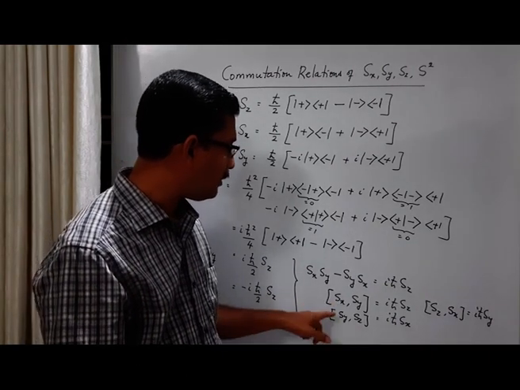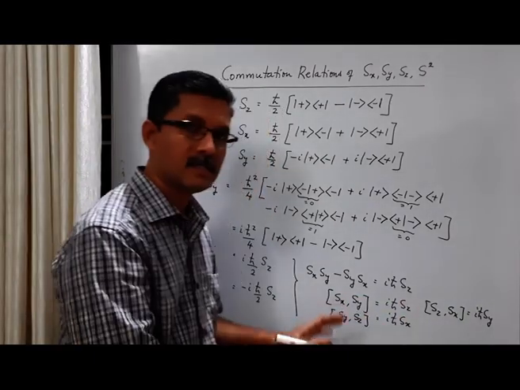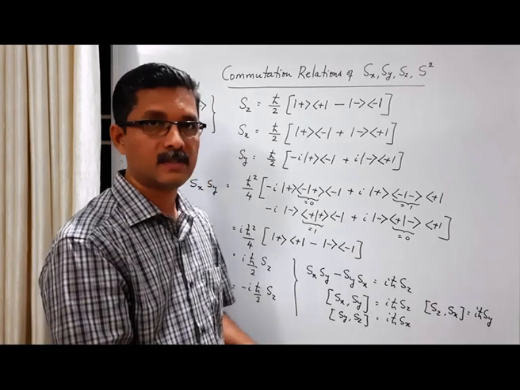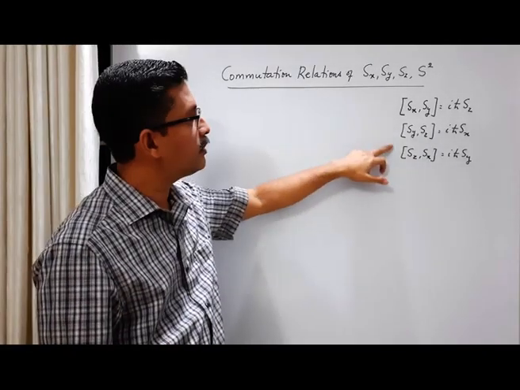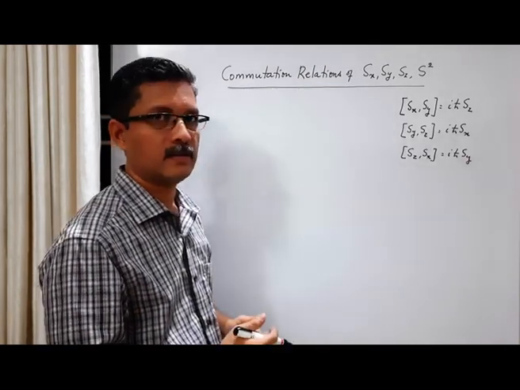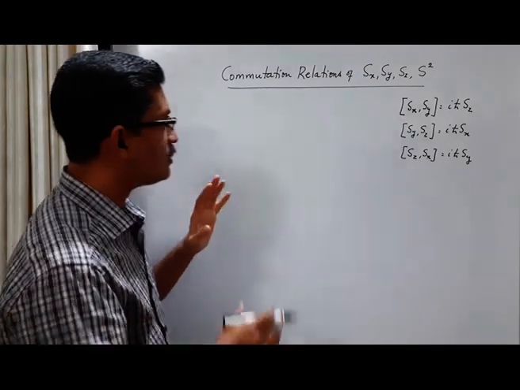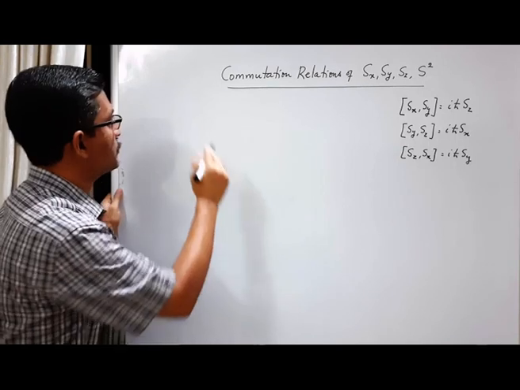Now we can combine these three commutation relations using a concise notation, the Levi-Civita symbol. Let us see how it can be done. These are the commutation relations between the components of the spin operator that we have established. Now, what is a concise way of writing these relations in a single expression?